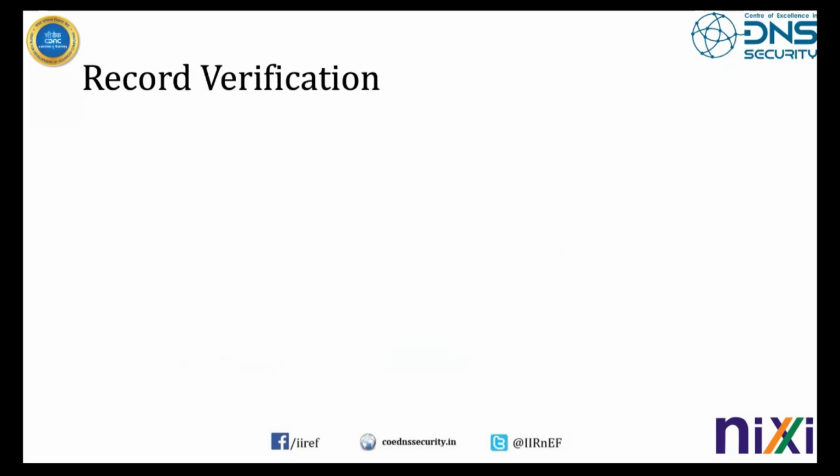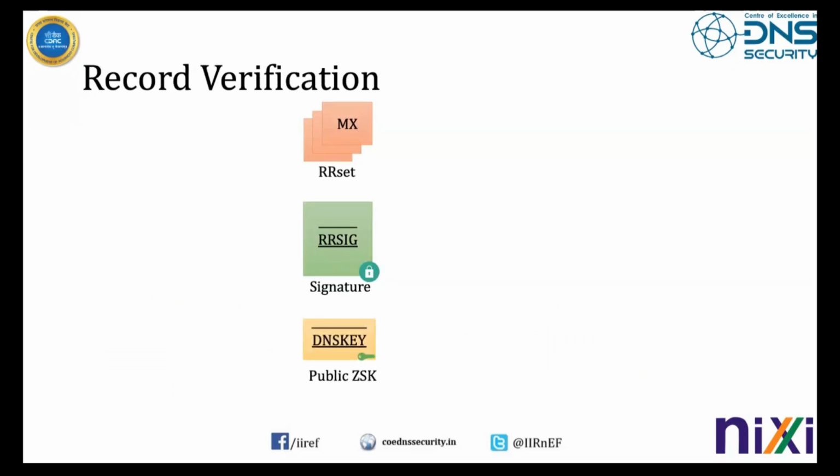Now we'll see the full picture of the record verification. So I have an RR set, then I have an RR signature on the MX record set, and I have a DNS key, which is the public zone signing key. Now, if I use all these three, then my RR set will be verified. Fine. But the zone signing key, that itself has been signed by the key signing key.